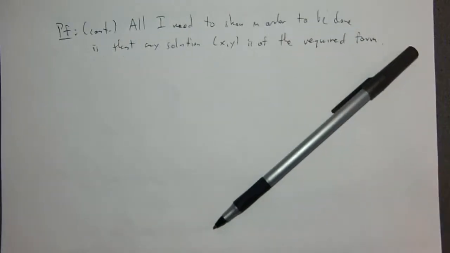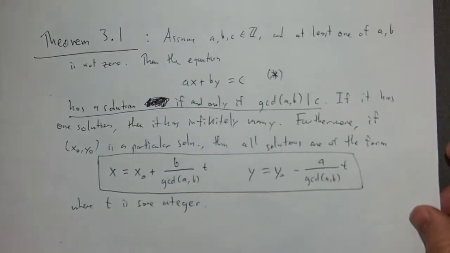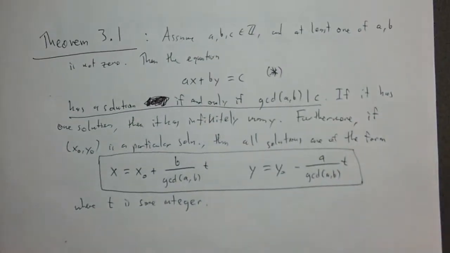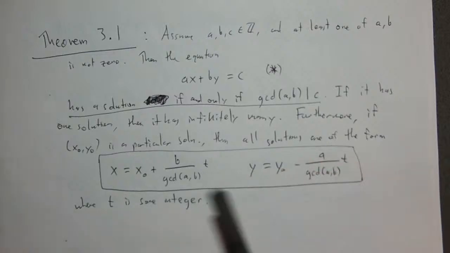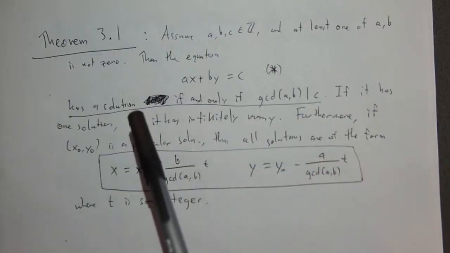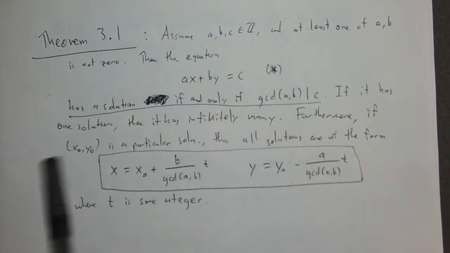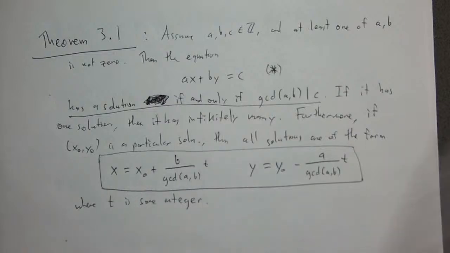Okay, so where I left off yesterday was the following. The theorem we were in the middle of proving is this one. This is showing not only the exact characterization of when this particular Diophantine equation has a solution, but also exactly the form that any solution has to take.